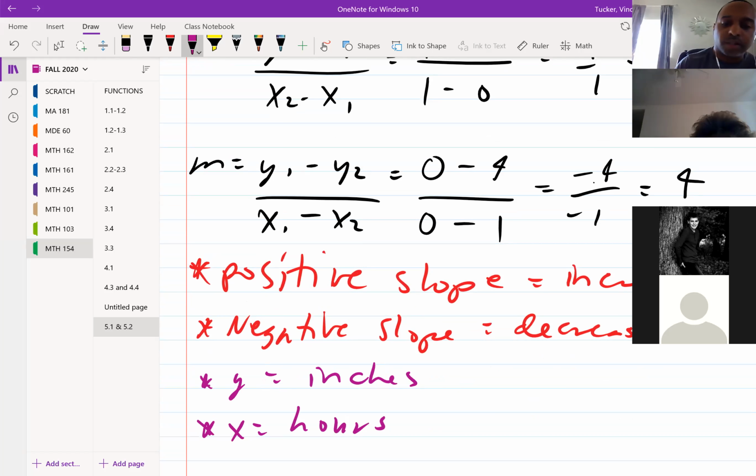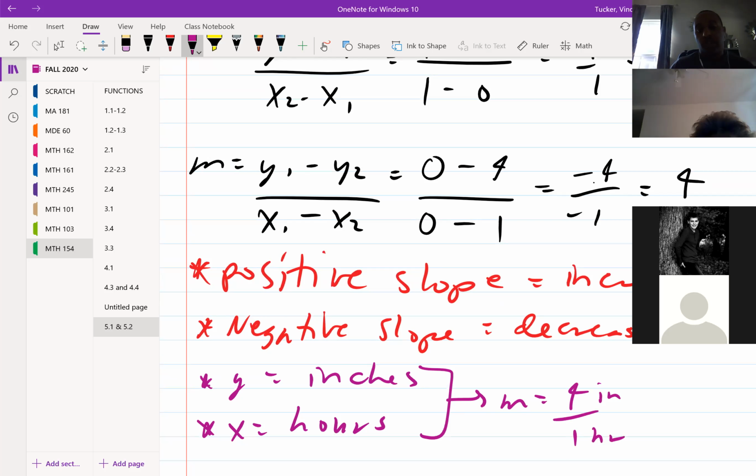I'll go back and check. Yep, hours. So what we have is our slope is 4/1. So that's, remember, y is on top. So that's 4 inches for every 1 hour. It's going to increase 4 inches for every 1 hour.